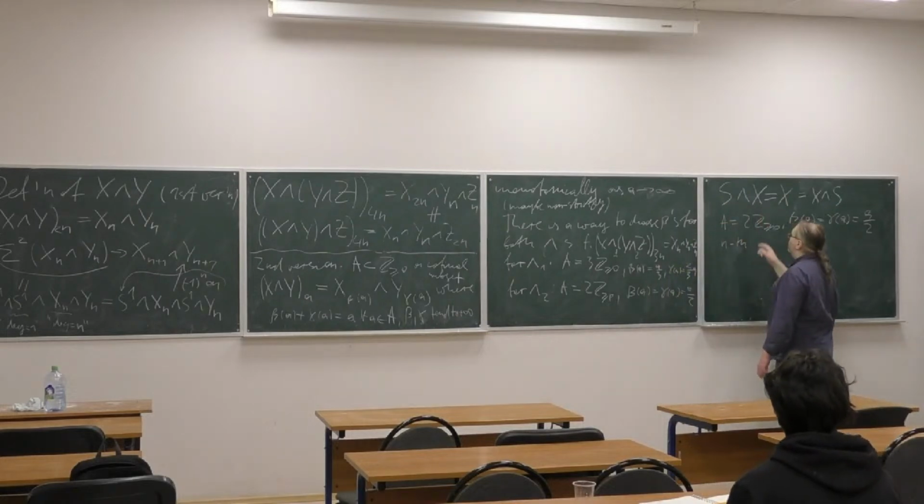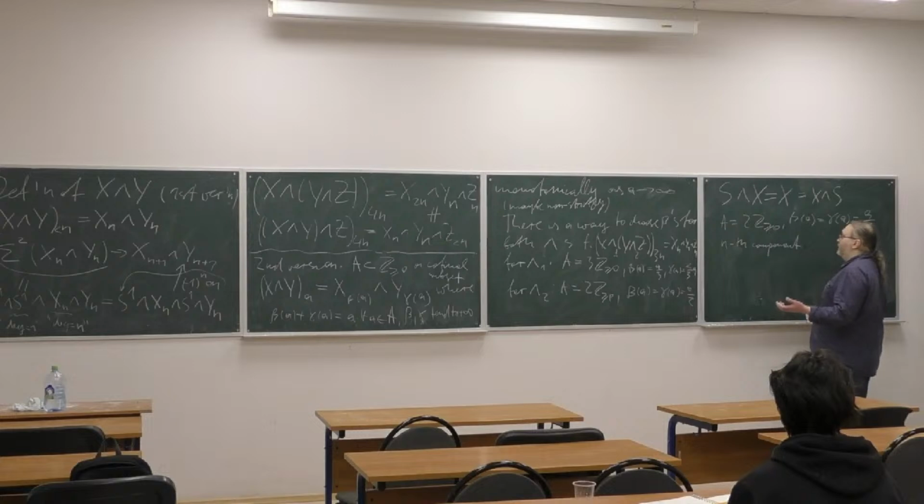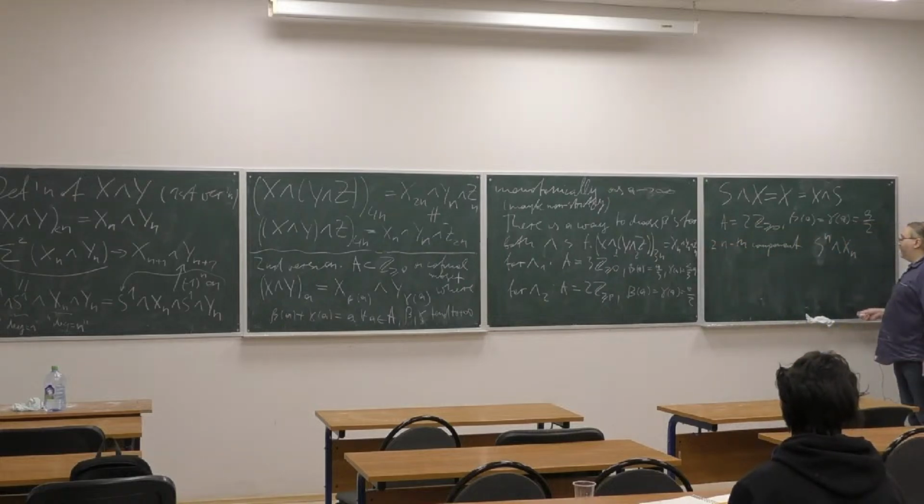If I use those to define the smash with the sphere spectrum, what do I get? I get, well, Sn smash, 2nth component would be xn, sorry, Sn smash xn, which is sigma n xn.